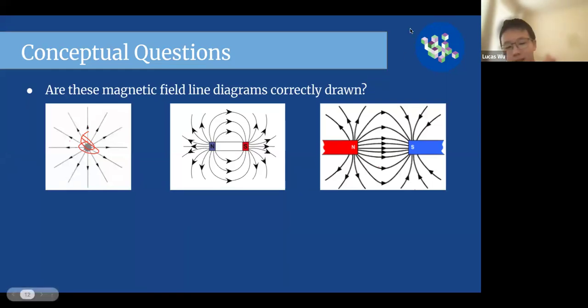All right, let's go over it. Tony, could you explain your reasoning for parts 2 and 3, the second and third diagram?